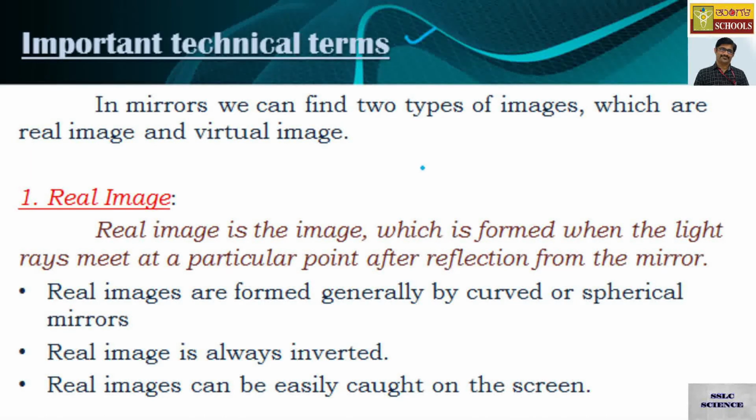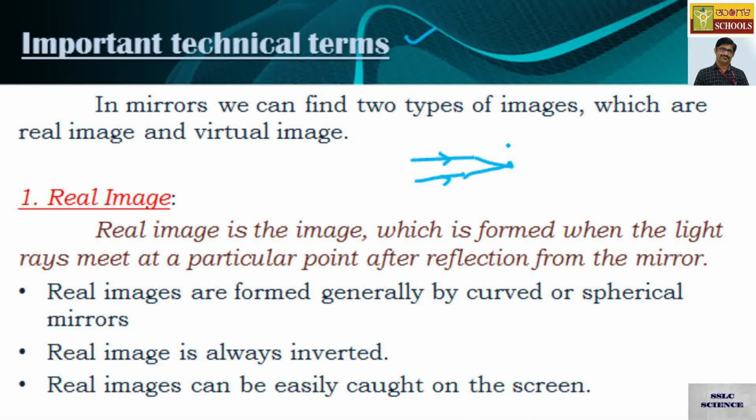Assume this is the light ray coming after reflection, meeting at this point, and this is another ray coming after reflection, which is also meeting at the same point. So that is known as a real image.